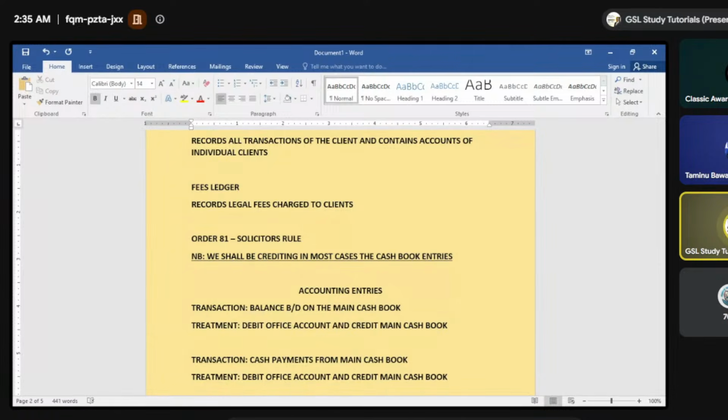They said we are to debit it to the main cash book. They said balance brought down on client cash book, debit it to client cash book balance.